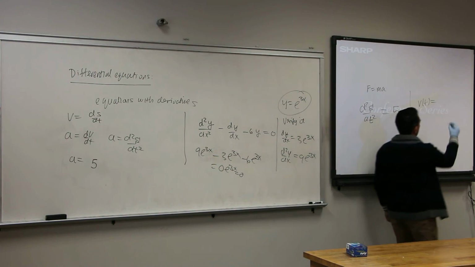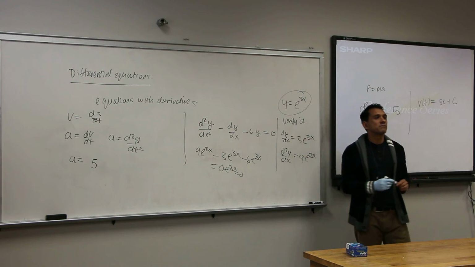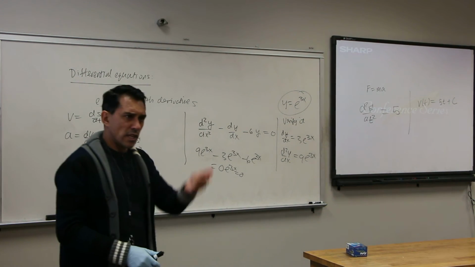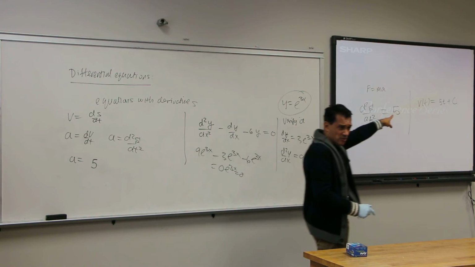The velocity is 5t plus c. Now, how do you obtain the position? Well, I have to integrate the velocity.